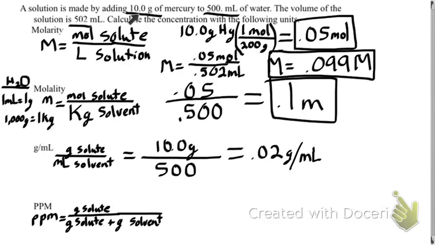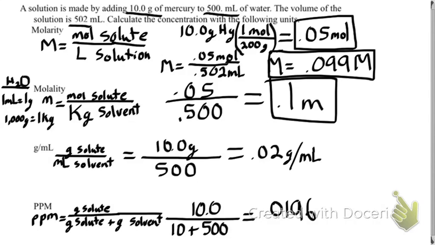So in this case we're going to need our grams of solute on top, which is 10 grams of mercury, and on the bottom we're going to need those same 10 grams plus our mass of solvent. 500 milliliters of water is the same as 500 grams, so we have 500 grams there, and when we divide 10 by 510 we get 0.0196.